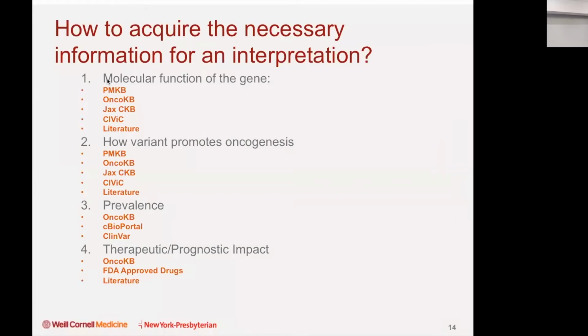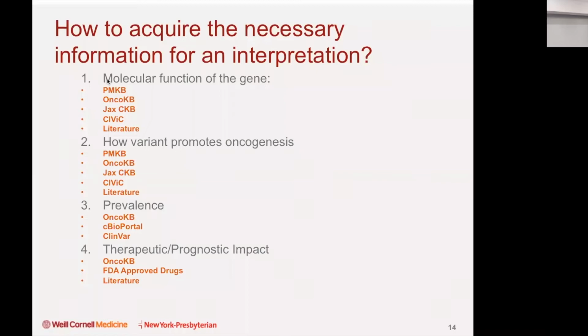Okay. And then in terms of where to look for the information for these different parts of the interpretation, oftentimes that molecular function statement will be found in another interpretation, even within PMKB.